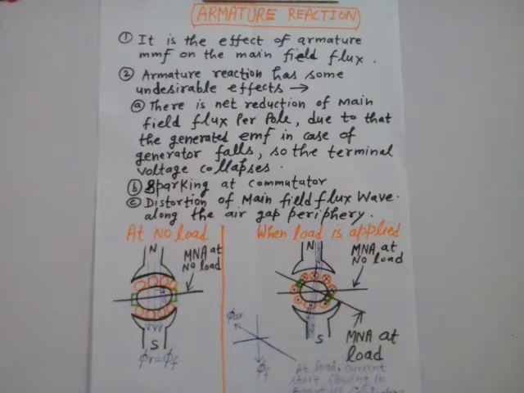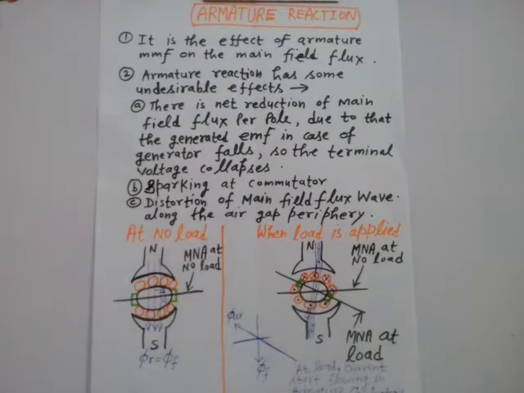So this is the first undesirable effect: your net main field flux per pole reduces due to the effect of armature reaction, and due to this the generated EMF and hence the terminal voltage reduces, which is undesirable.